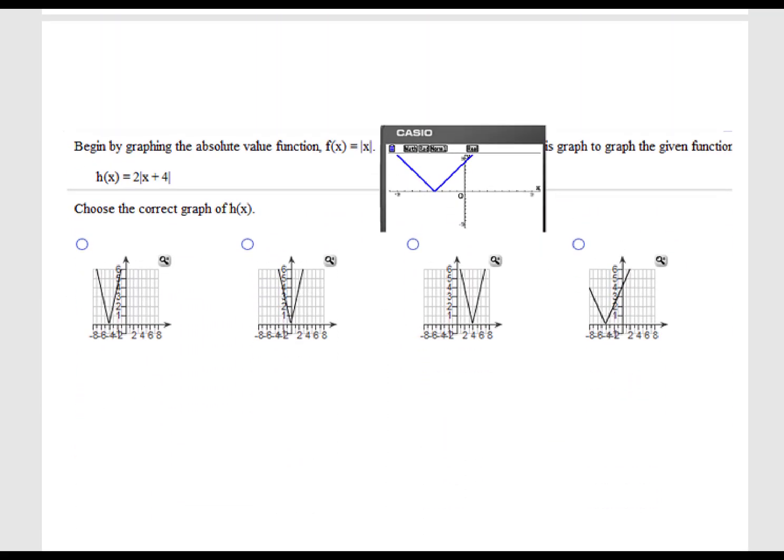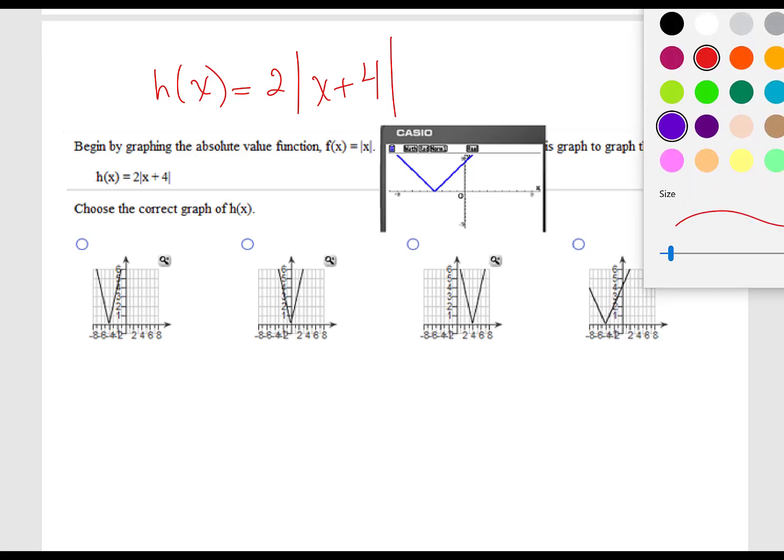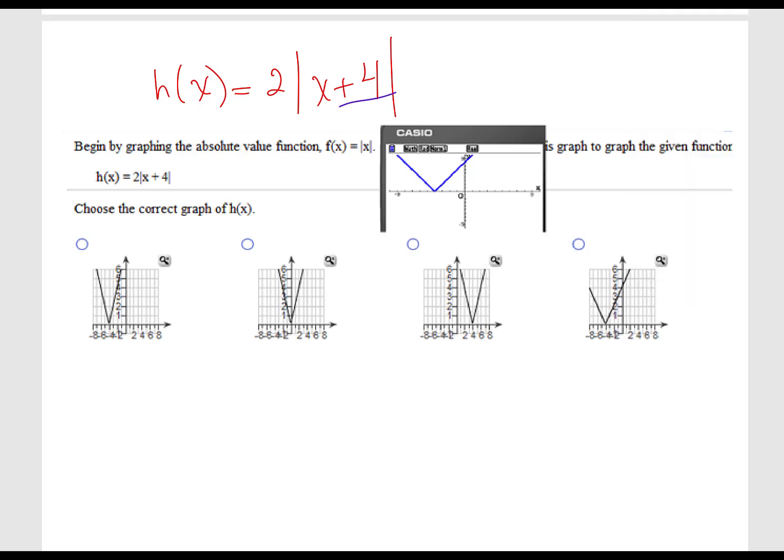Okay, so this one's graphed for us. I would say be very careful on this one because I feel like the picture from our calculator can be very misleading. All right, so let's talk about what we're looking for. I'm going to write this a little bit bigger up here. h of x equals 2 times the absolute value of x plus 4. So the plus 4 is inside of the function, so I'll be moving left 4 units.